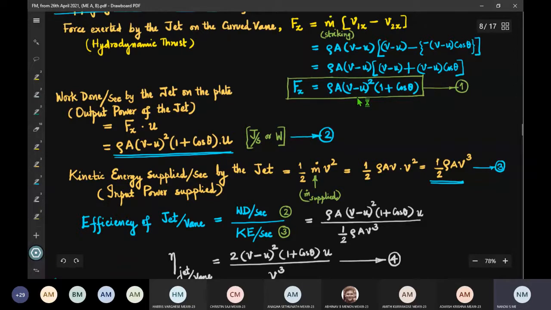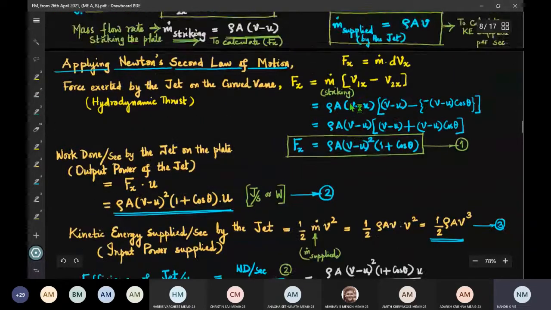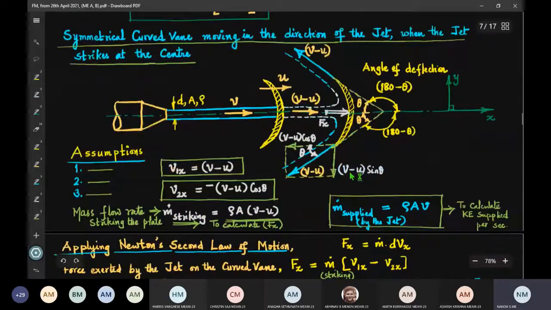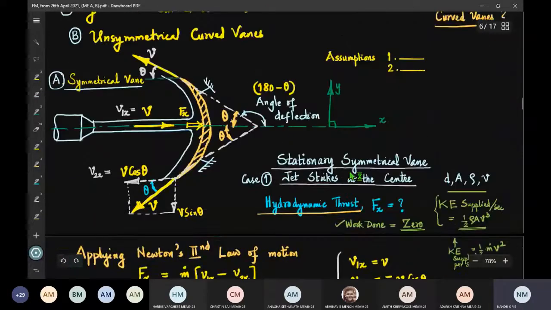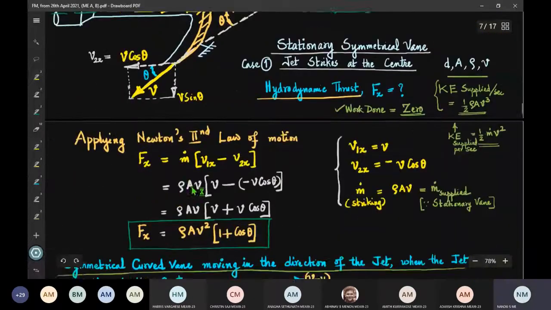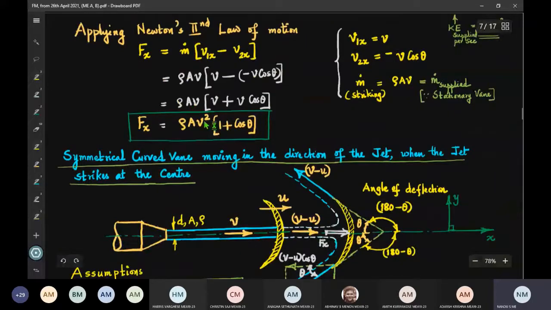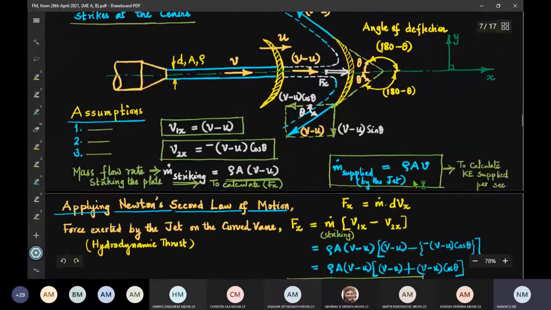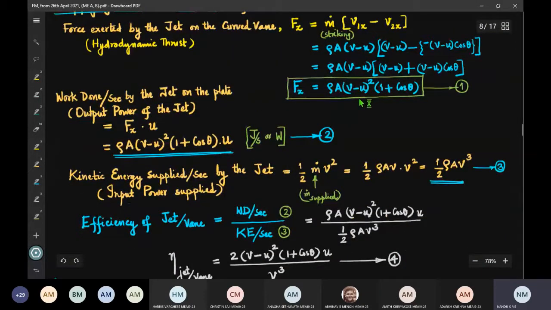So Fx is equal to rho a (v minus u) whole squared into (1 plus cos theta), the force exerted. What is the difference between this expression when the plate is moving and the case when the plate is stationary? The important thing to note is that the velocity is reduced. Earlier it was rho a v square into (1 plus cos theta), where the hydrodynamic thrust is maximum. But now, when the vane has started moving, the force has become rho a into (v minus u) whole squared into (1 plus cos theta).